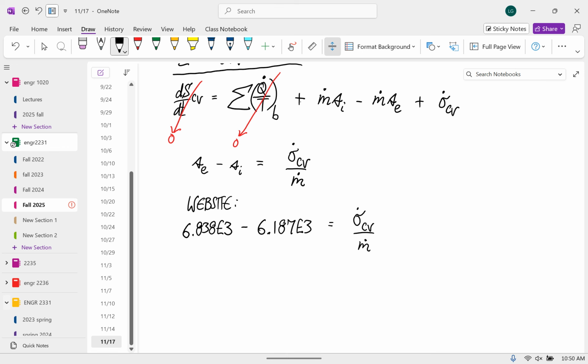And you can see that that's positive. So this is a nozzle. It's impossible for this to go the other direction.